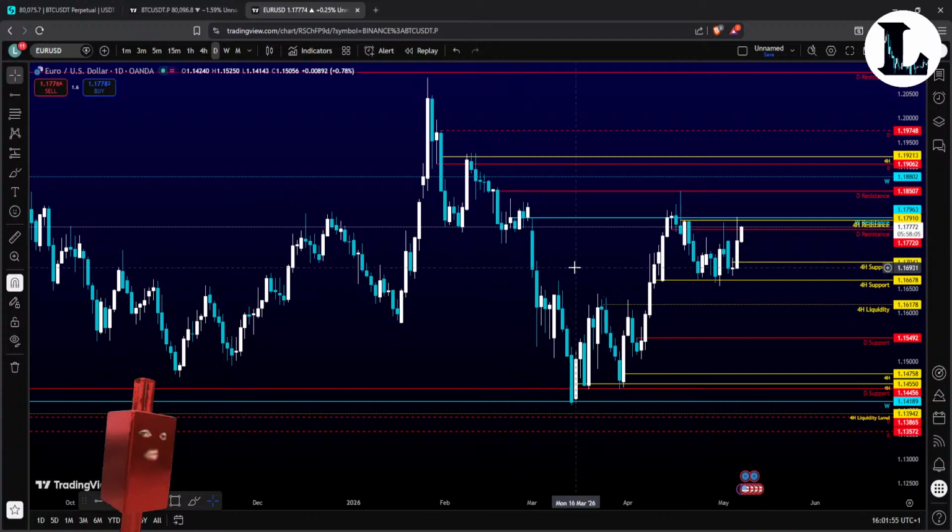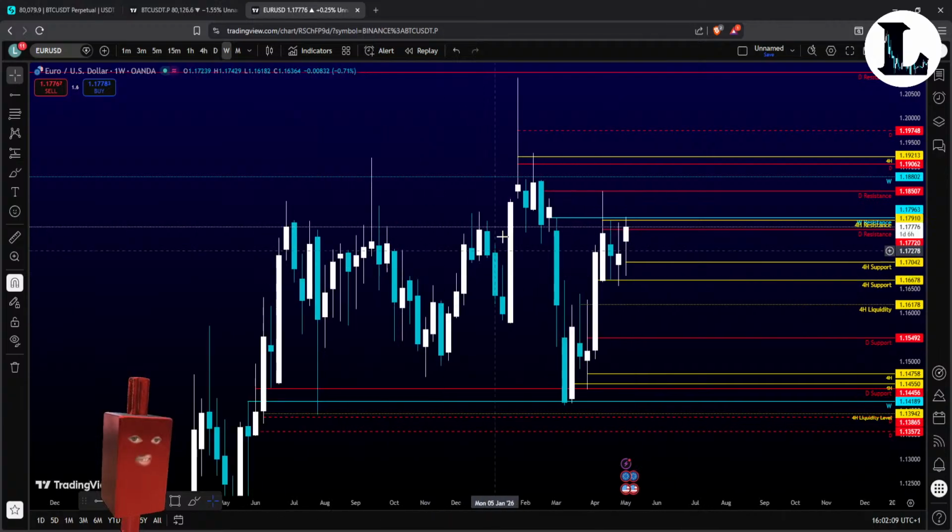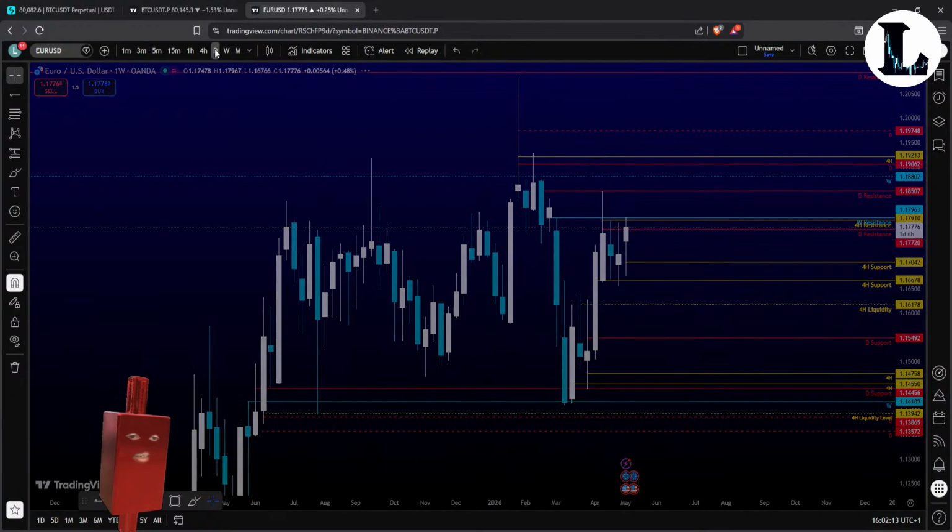But it looks really, really bullish, honestly. Everything on a daily is tested. Everything on a weekly is tested, even though it can be tested again, of course.